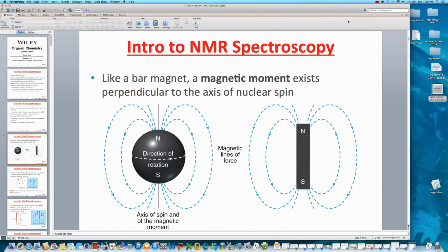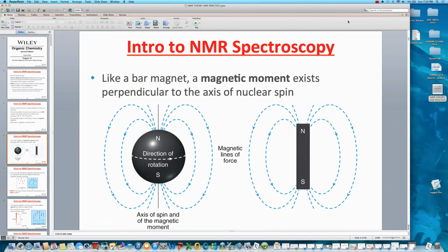So one of the primitive bases of NMR is that you will use a very large superconducting magnet, which we can do when the magnet is bathed at very, very low temperatures. And in the presence of this large magnetic field, we can induce a magnetic dipole in atoms that have a net nuclear spin. So let's consider the most abundant atom that is NMR active, that is the proton.